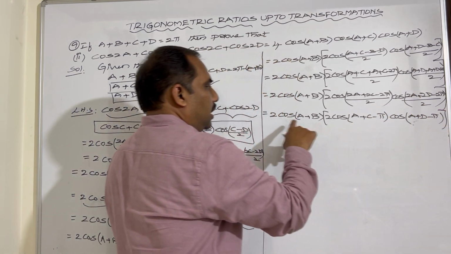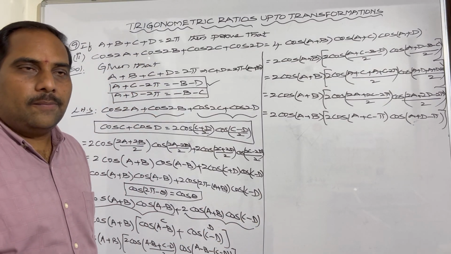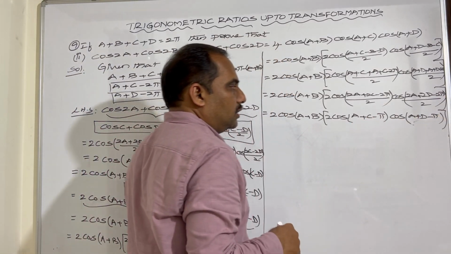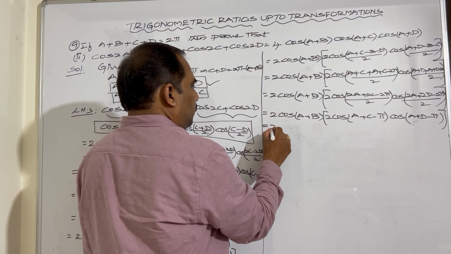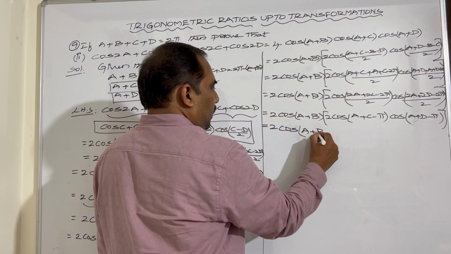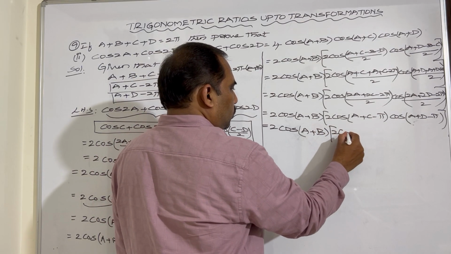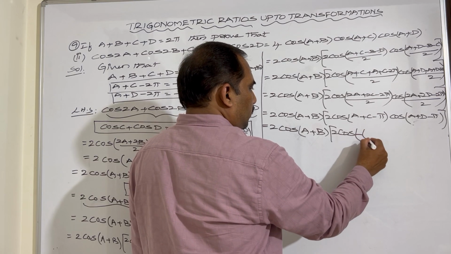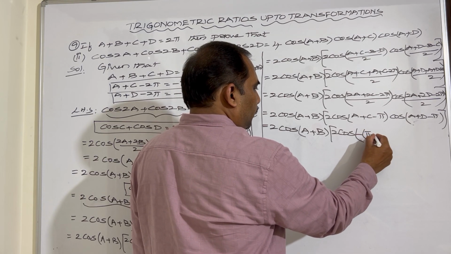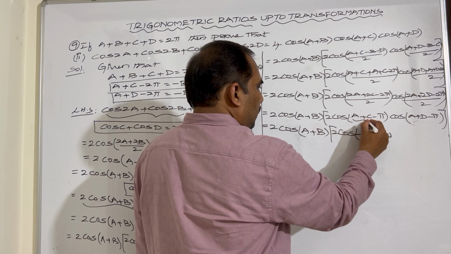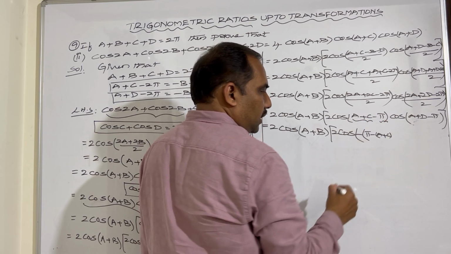So finally we get 2 into cos of a plus c minus pi, and cos of a plus d minus pi. Further it can be written as 2 into cos of a plus b into 2 into cos of, taking minus common, minus of pi minus of a plus c. Here a plus c is one term and pi is the other term.